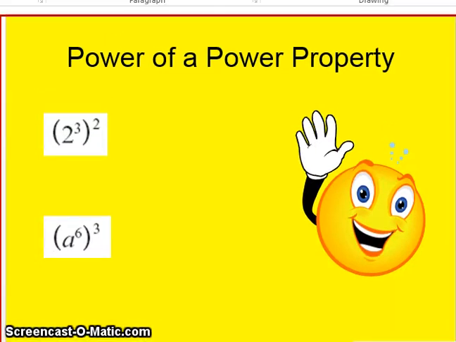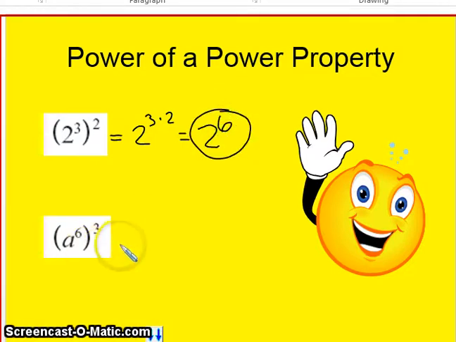Here's some more examples. Now, instead of doing 2 to the 3rd 2 times, we can say this is the same as 2 to the 3 times 2 power, because it would be 2 to the 3rd times 2 to the 3rd. Now I know 3 times 2 is 6, so this is the same as 2 to the 6th. Here I have a to the 6th to the 3rd power.